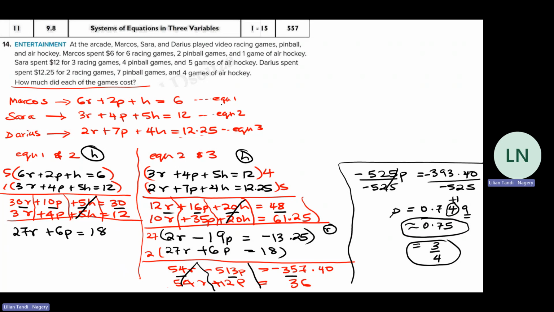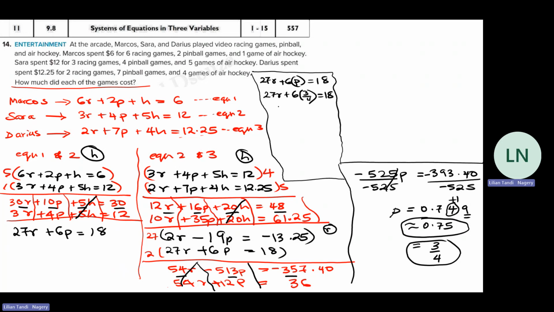Now that you found P, you can use this equation to find R. Okay? So let's do it over here. You want to find R. So we're going to do 27R plus 6P equals 18. 27R plus 6 times 3/4 equals 18.